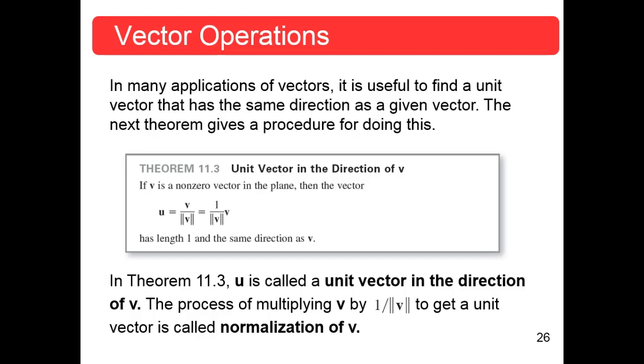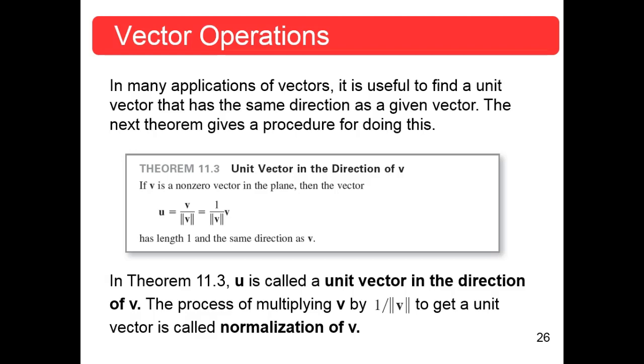So this unit vector has length 1, but the same direction as V, whatever direction V is. In this theorem, U is called the unit vector in the direction of V. There are tons of unit vectors out there. Just have magnitude 1 and point them any way you want, and that's a unit vector. On the plane, you can do it that way.